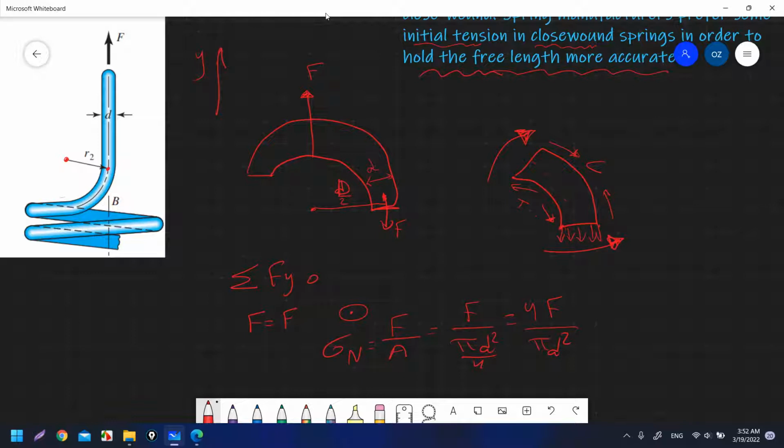At this point we have the maximum tension, and the tension will start to decrease until this point where there will be no bending, because on the other side you have compression, and they cancel each other. Here you will not have compression or tension; here you will have the maximum tension, and here the maximum compression.